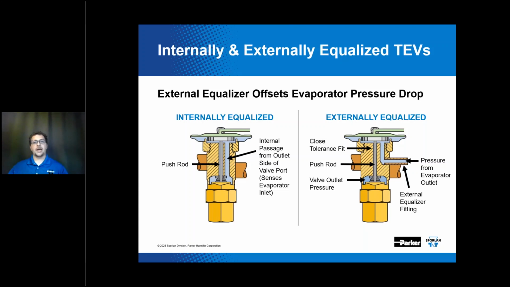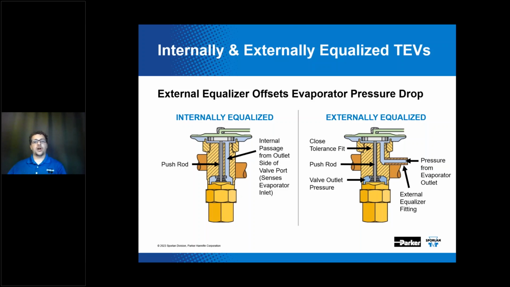So far, we spent a lot of time discussing the fundamental pressures, one of which was the evaporator pressure. And when we are discussing internal versus externally equalized TEVs, really what we're saying is, how does that evaporator pressure make it to the underside of the diaphragm to act as that closing force?